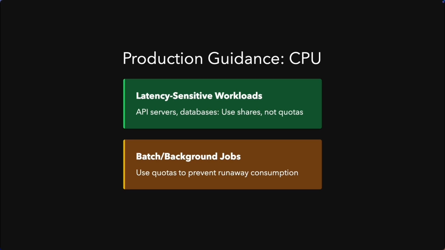For latency-sensitive workloads, for example API servers or databases, you should use cpu.weight and not cpu.max. cpu.max throttling causes tail latency spikes, and processes wait even when CPUs are idle. For batch or background jobs, use cpu.max to prevent runaway consumption.